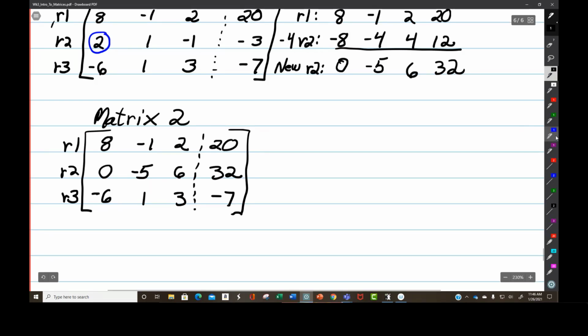Now, I need to put a 0 in this position. So I want to think about what is the smallest number I can think of that 8 and 6, I know there's a negative sign in front of the 6, but that 8 and 6 will both go into evenly.